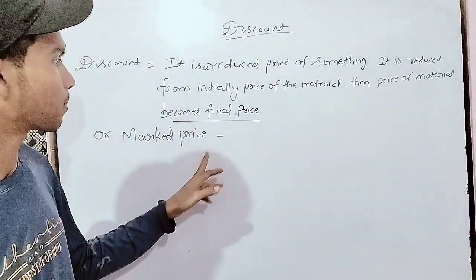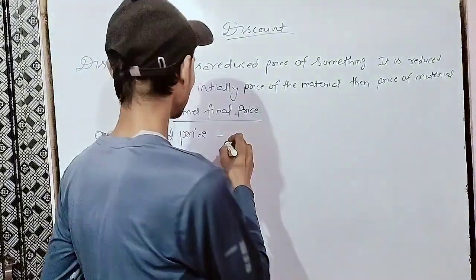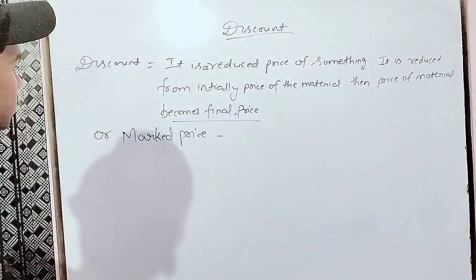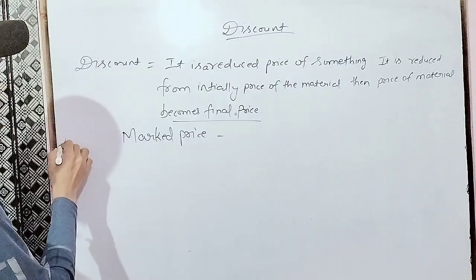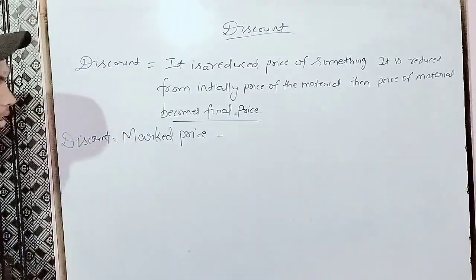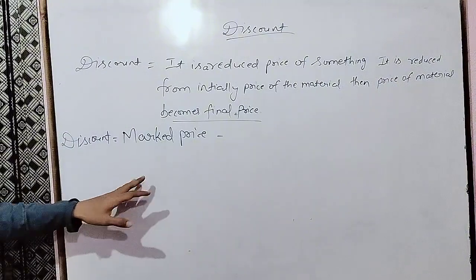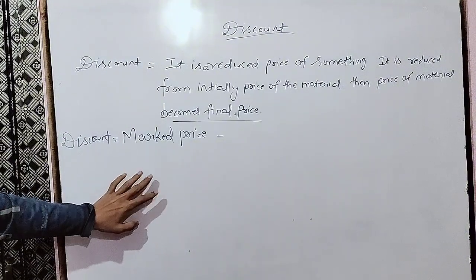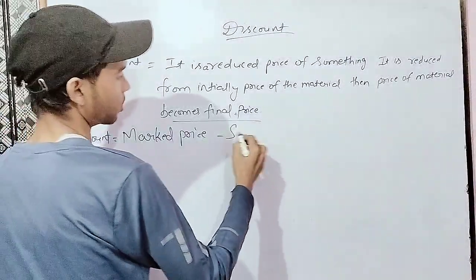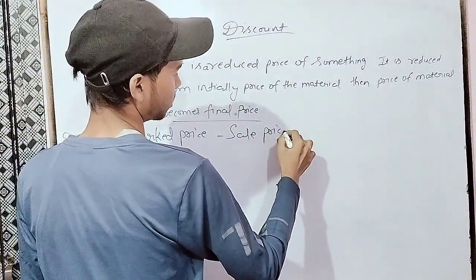So market price minus what? Here you can write that discount is equal to market price minus sale price.